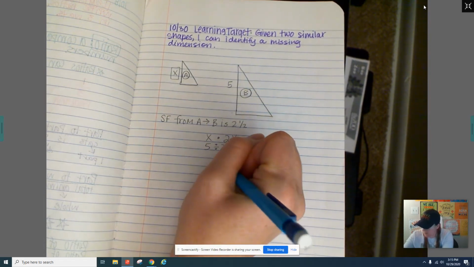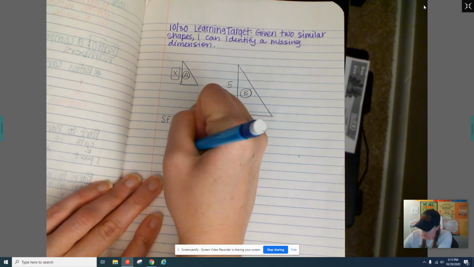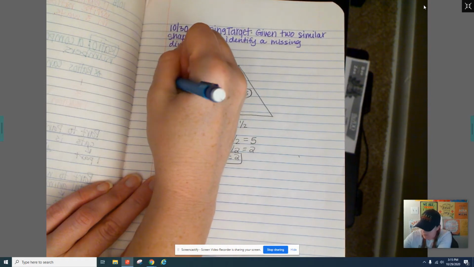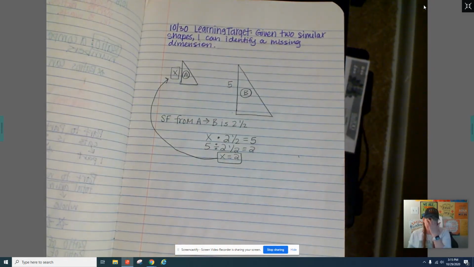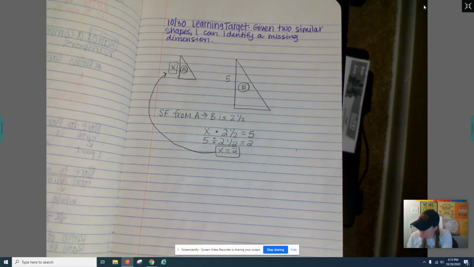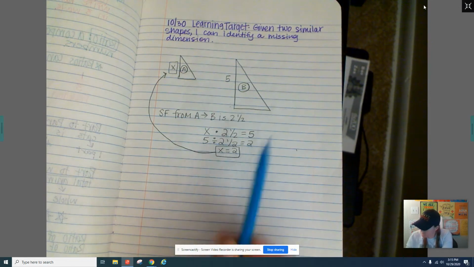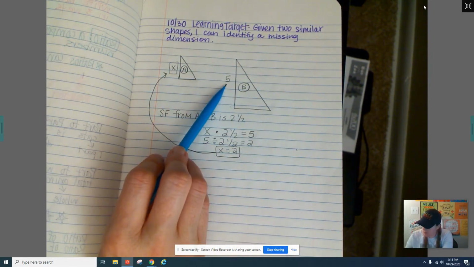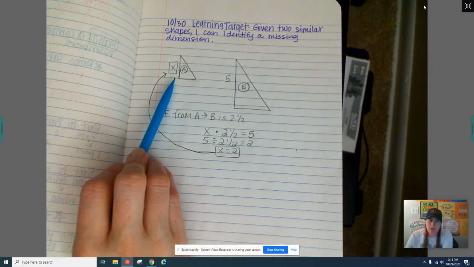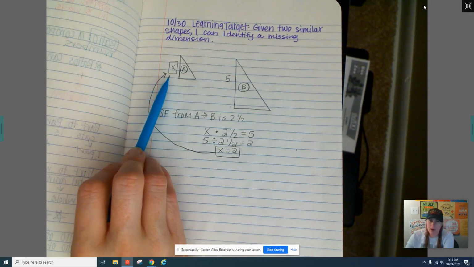That's an example of a problem when you know the scale factor and you're trying to figure out the value of a missing side. We took the side that we know and divided it by the scale factor, working backwards to figure out that missing side.